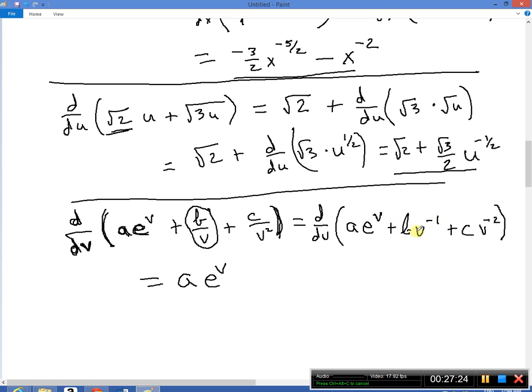So we're going to end up with minus the b that's sitting there times v to the minus 2. And then here, what's the derivative of the third term? That minus 2 is going to come down, so we're going to get minus 2. The c is still sitting there watching. And then we multiply by v to the minus 2 minus 1, which is minus 3. That's it. That's the derivative. Easy stuff.